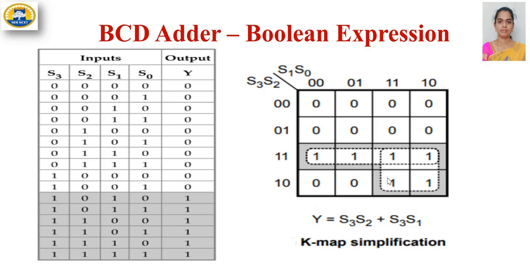Similarly, 1011, 1100, 1101, 1110, 1111, and by grouping, we get the expression Y is equal to S3 S2 plus S3 S1. This is the Boolean expression to detect that the sum is greater than 9.